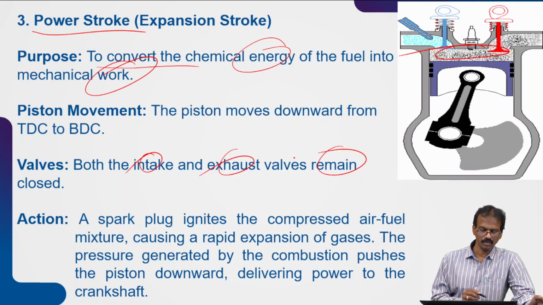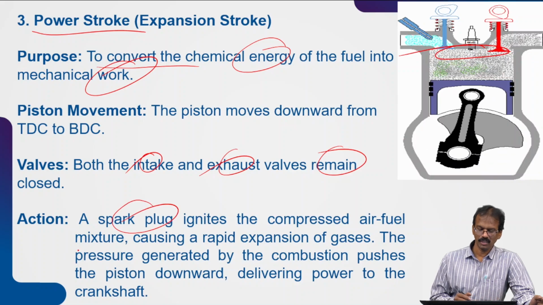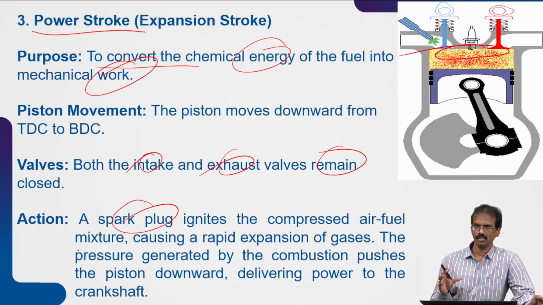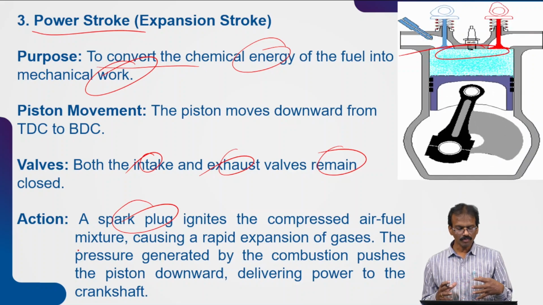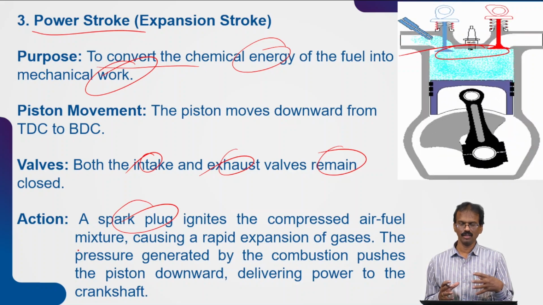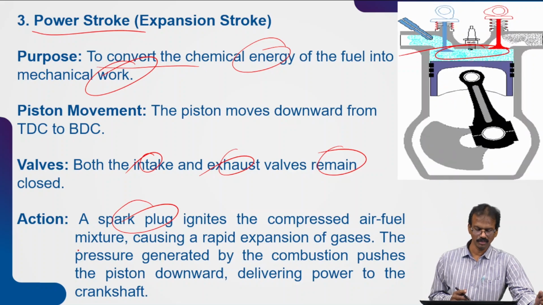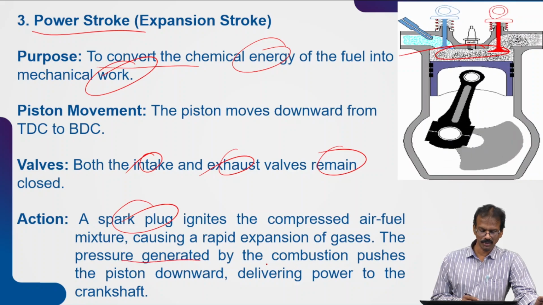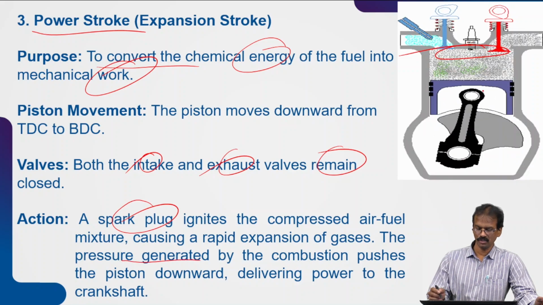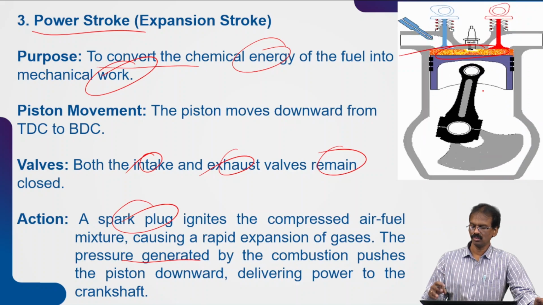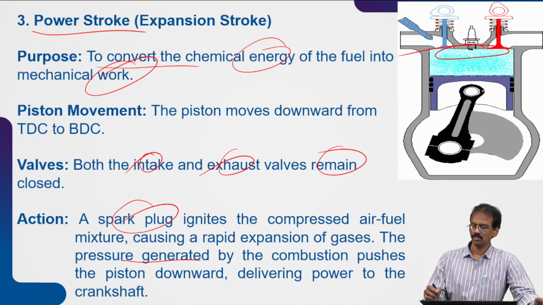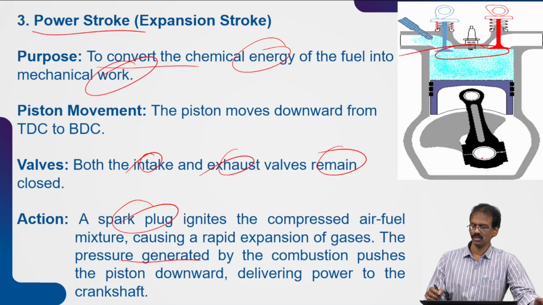Okay, so with the help of the spark plug, ignition takes place. Ignition means combustion takes place. Due to this combustion, high pressure and temperature are released. That generated pressure pushes the piston from top dead center to bottom dead center with a high force. So due to this movement, the piston moves in the downward direction.